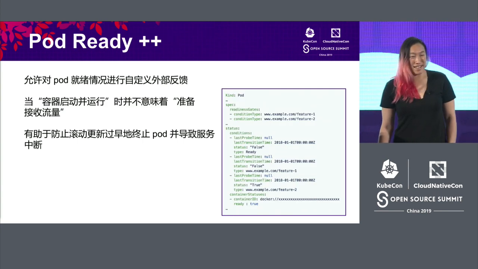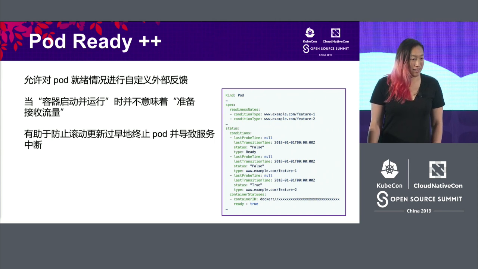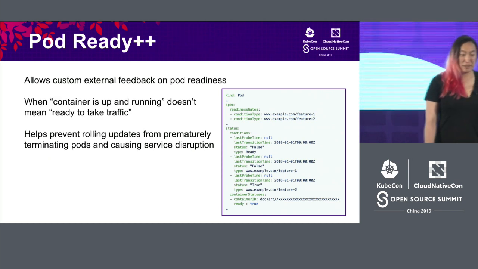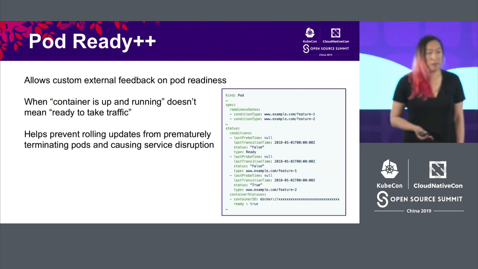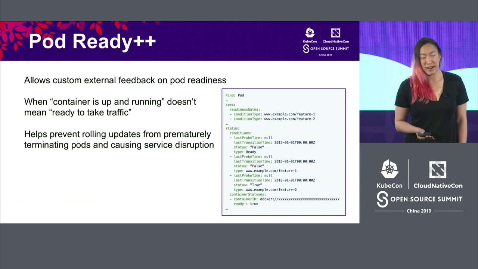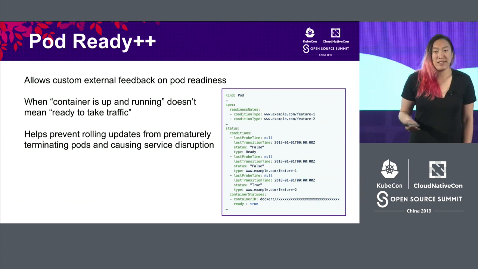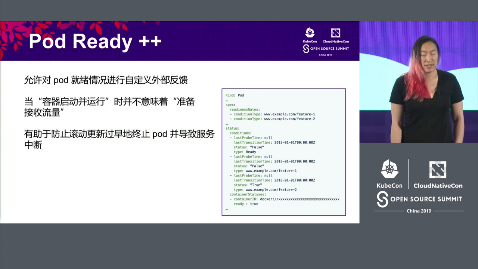Another exciting thing is PodReady++. It allows custom external feedback on pod readiness. This is an example of how you might want to define it. So this is for a very practical case of when your container is up and running, it doesn't mean that it's ready to take traffic. You might have a dependency on something external, like creating a load balancer, waiting for the network stack to come up.